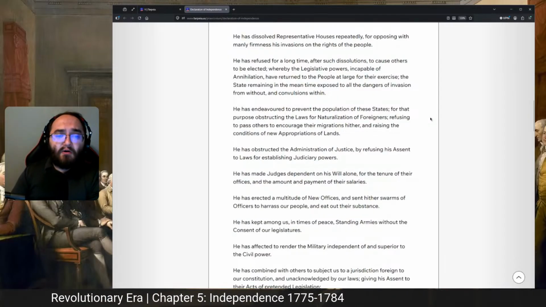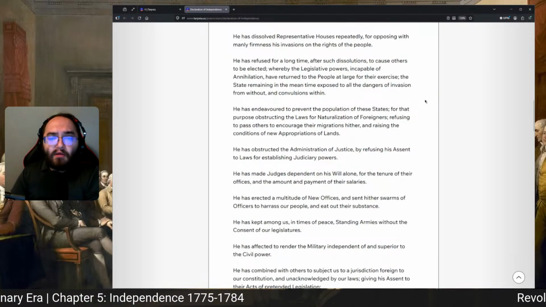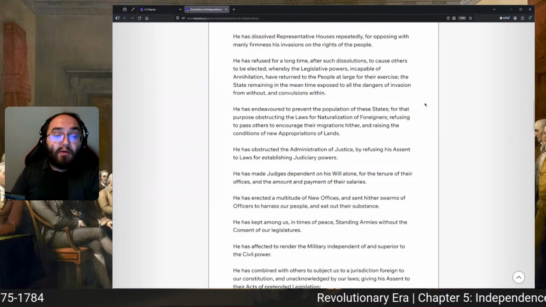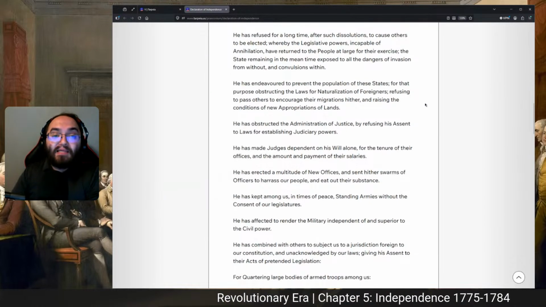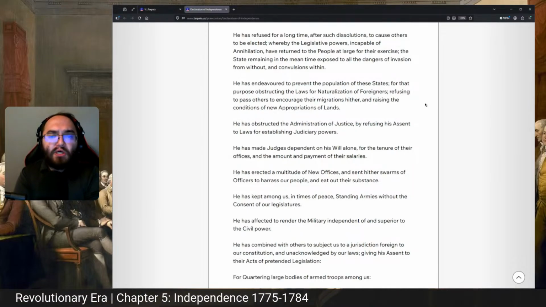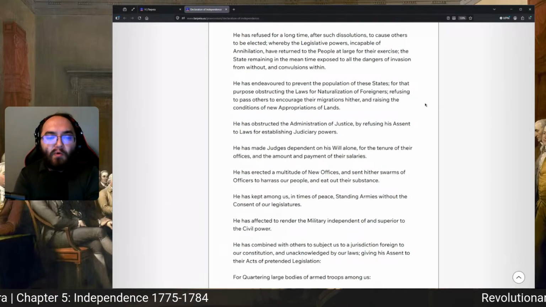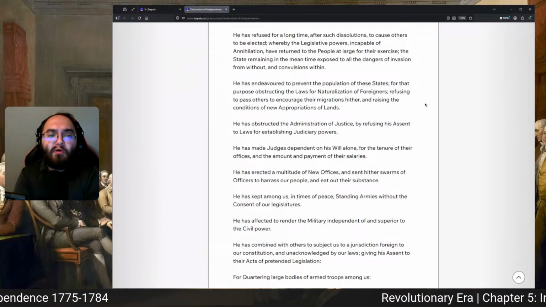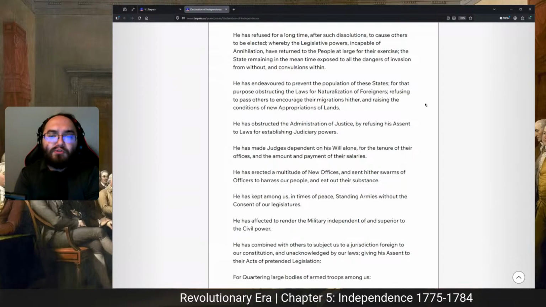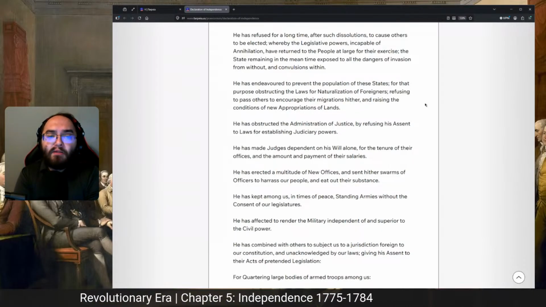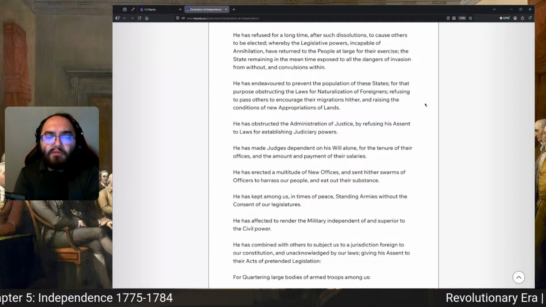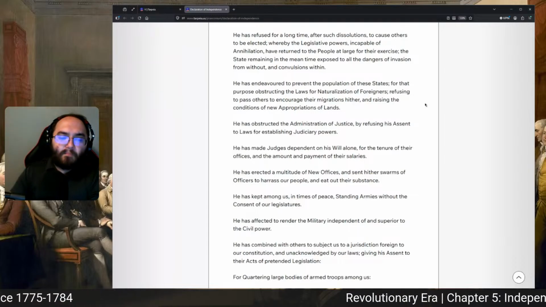He has dissolved representative houses repeatedly for opposing with manly firmness his invasions of the rights of the people. He has refused for a long time after such dissolutions to cause others to be elected, whereby the legislative powers, incapable of annihilation, have returned to the people at large for their exercise, the state remaining in the meantime exposed to all the dangers of invasion from without and convulsions within.